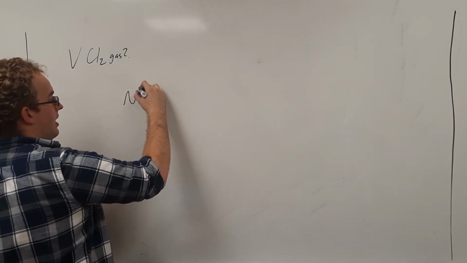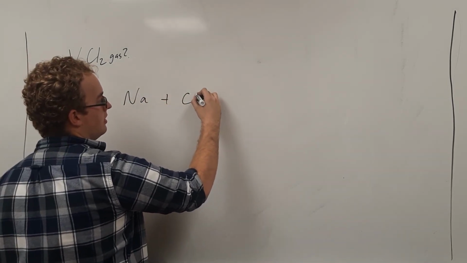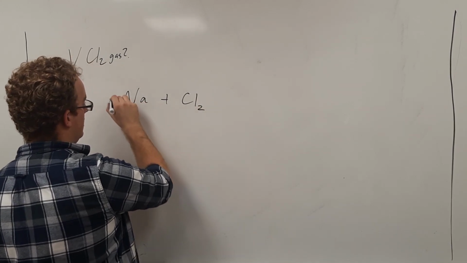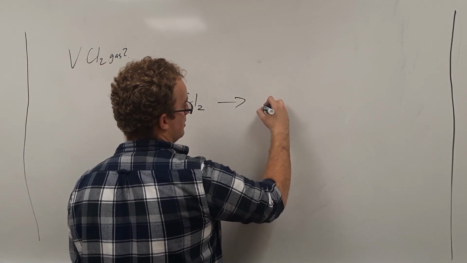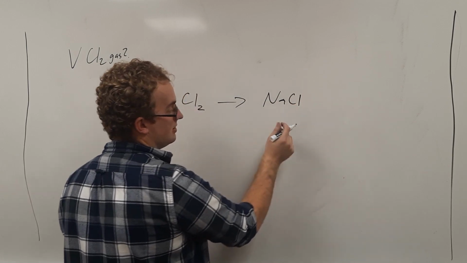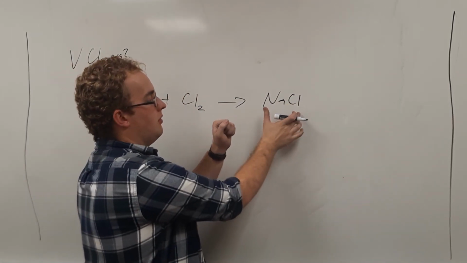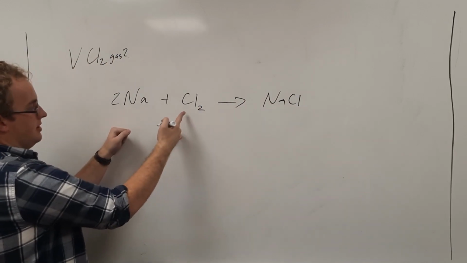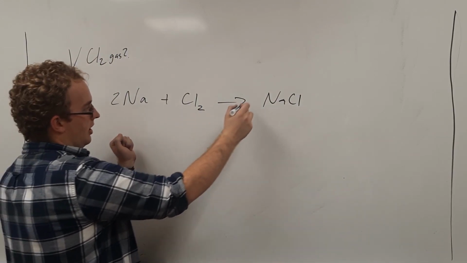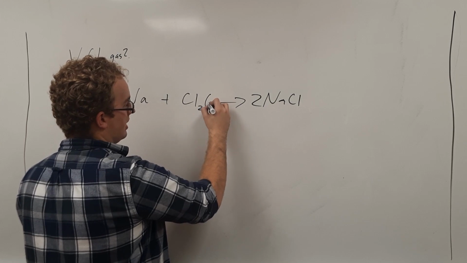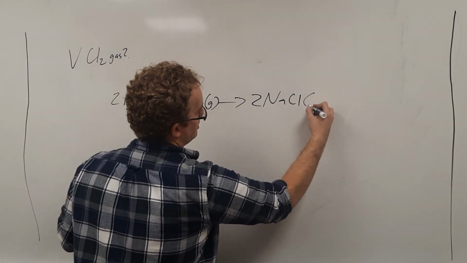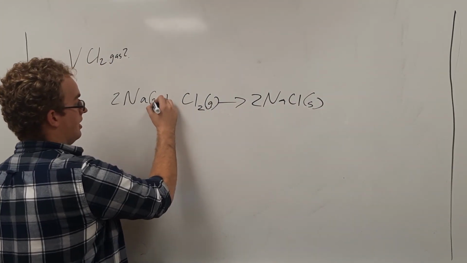So in theory, let's say we have sodium plus chlorine, Cl2, equals sodium chloride. And because the charges of this is a -1 and this is a +1, then you just need 1 each to balance this, because this is Cl2. We need to put a 2 right there and a 2 right there. This is a gas, this is a solid, and this is a solid.